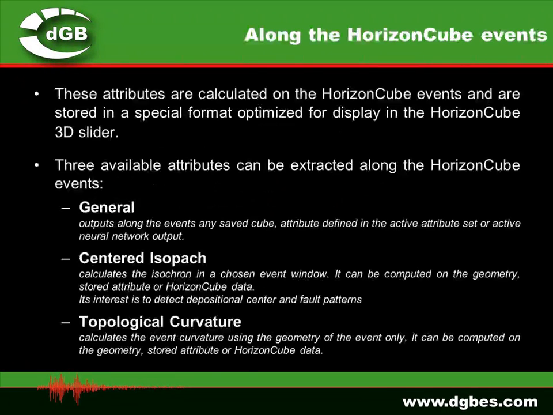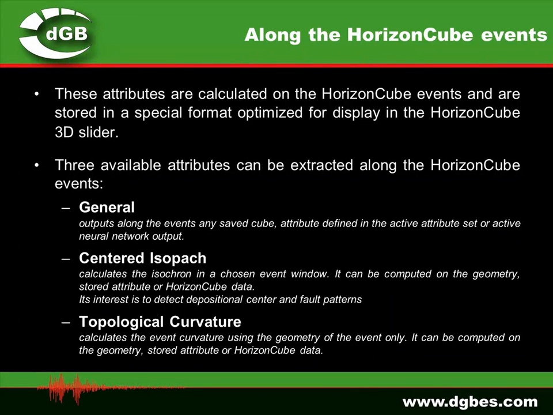The HorizonCube attributes computed along the HorizonCube events are started not from the classic attribute set window, but directly from the HorizonCube control center. These attributes are calculated directly on the HorizonCube events, and they are stored in a special format to be displayed using the HorizonCube 3D slider.